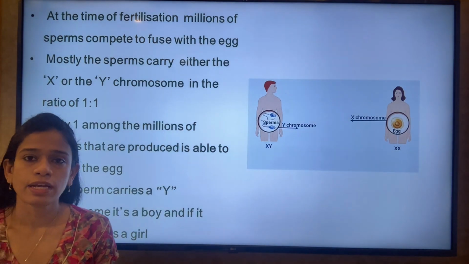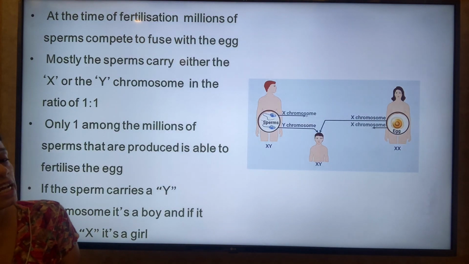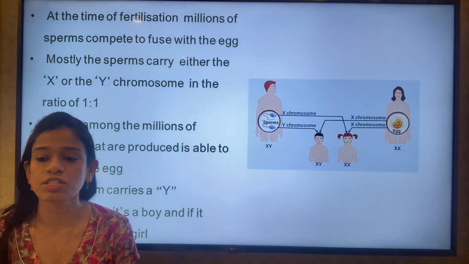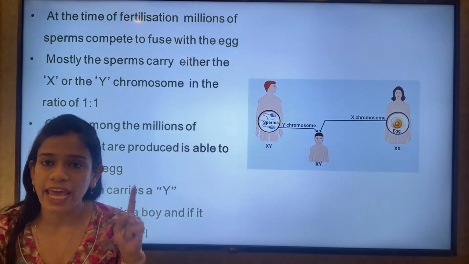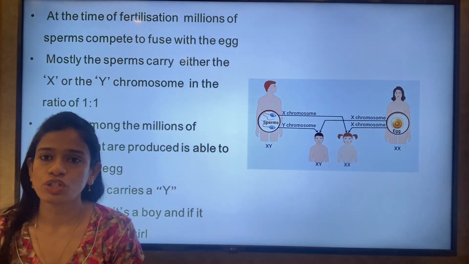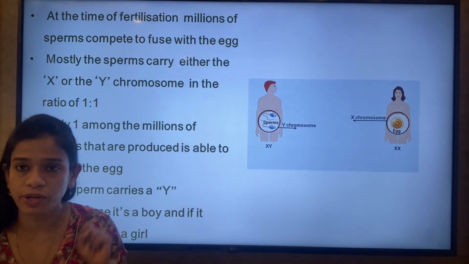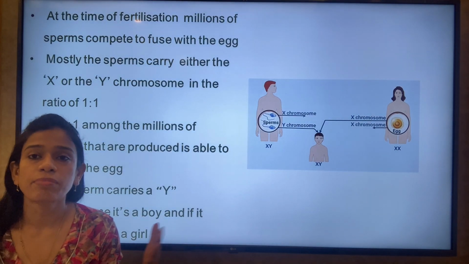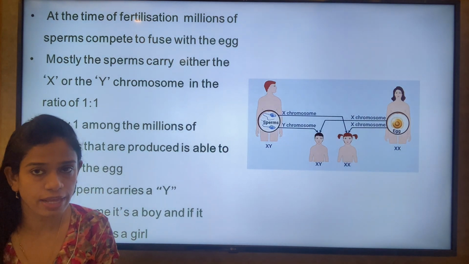So what happens during sex determination? It is at the time of fertilization, millions of sperms compete to fuse with the egg. Mostly the sperms carry either the X chromosome or the Y chromosome. But remember, the eggs always carry the X chromosome. And it is mostly in the ratio of 1:1. Only one among the millions of sperms that are produced is able to fertilize the egg. Just imagine, with millions of sperms, only one is able to go and fertilize this egg.